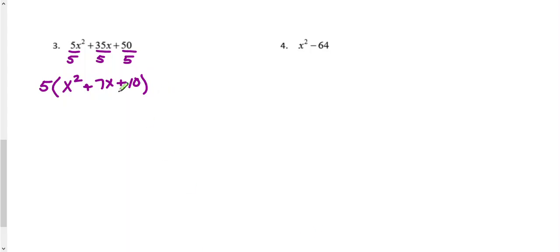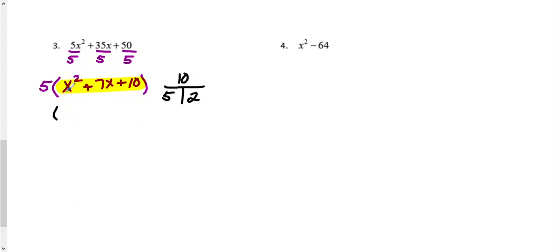Again, I have to then continue. I look inside the parentheses, and I can continue to factor here. So I have what is being multiplied to 10 and adding to 7. You can go to your calculator and find numbers there, but I know they are 5 and 2. 5 times 2 gives me 10, 5 plus 2 gives me 7.